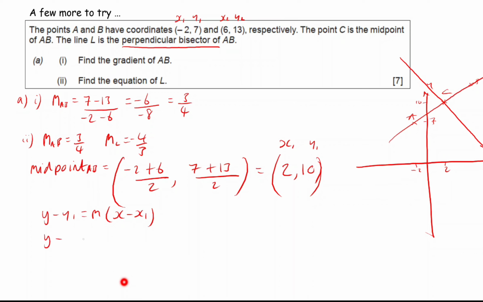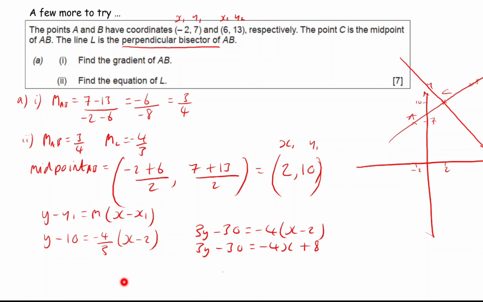So y minus 10 equals minus 4 over 3 x minus 2. I would multiply throughout by 3, which gives you 3y minus 30 equals minus 4 brackets x minus 2. And then 3y minus 30 is equal to minus 4x plus 8.